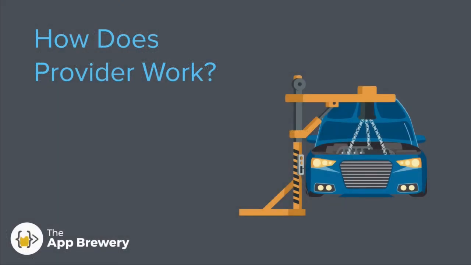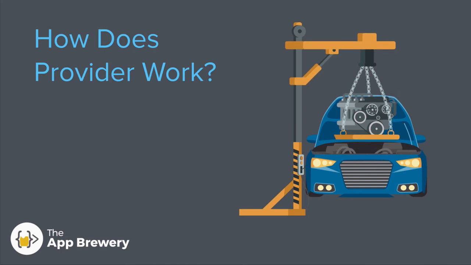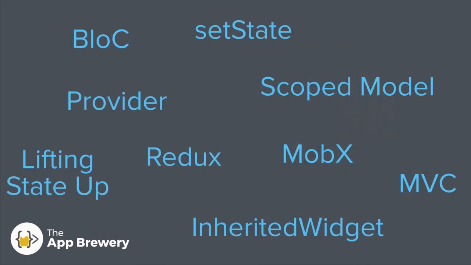Now that you've seen the provider package in action, you might be wondering to yourself, how exactly does it work? So in order to understand it, let's pop open the hood and see what's going on behind the scenes. Out of all of these different ways of managing state, there is one where we use an inherited widget.